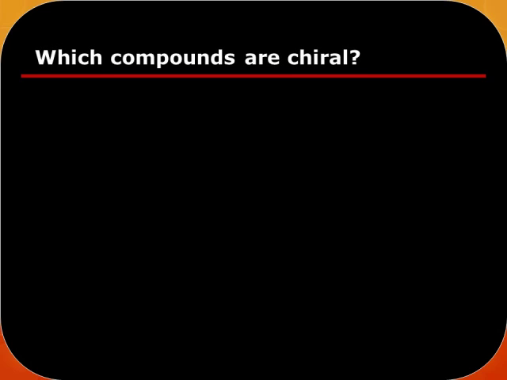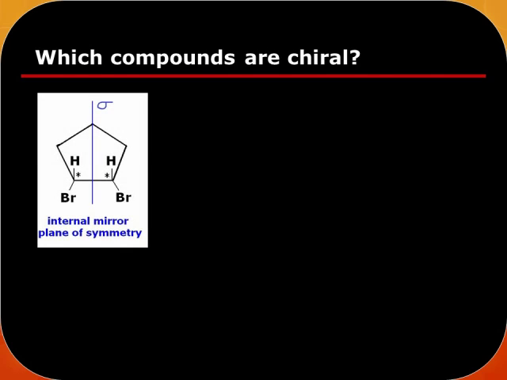Here is a question for you, children. Which compounds are chiral? Look at this compound. It has an internal mirror plane of symmetry. That means it has clear symmetry even though it has 2 chiral carbon centers. You can see the 2 asterisks. That means it has 2 chiral carbons.